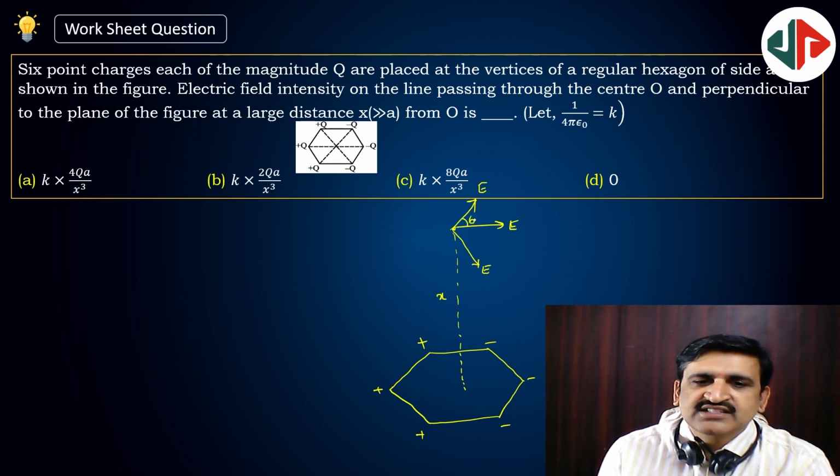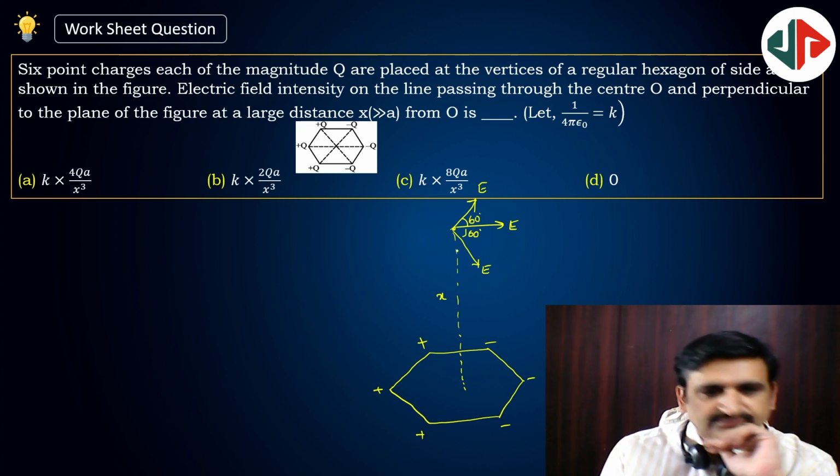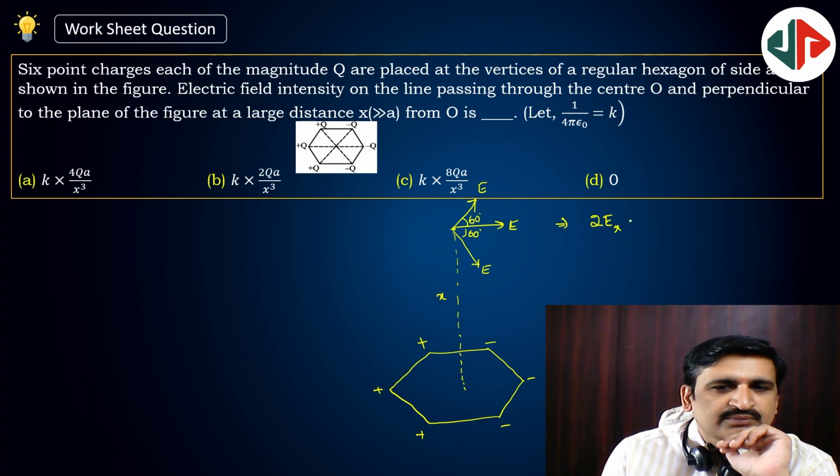And these are all 60, 60, 60 degrees. And their vertical components or other components get cancelled. This will come this way and it will be opposite. So obviously I can have 2E cos theta plus E as E resultant.